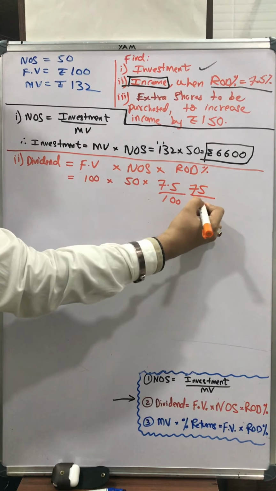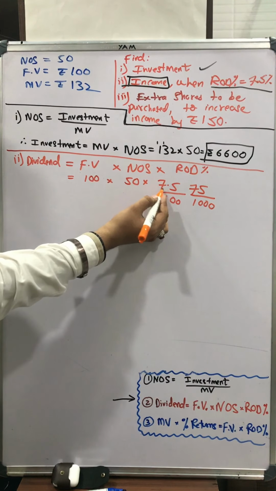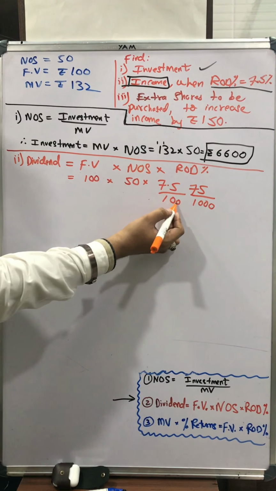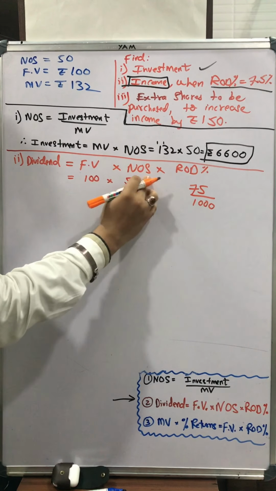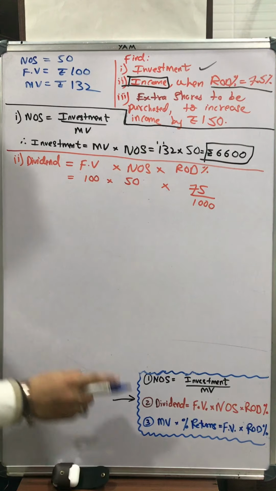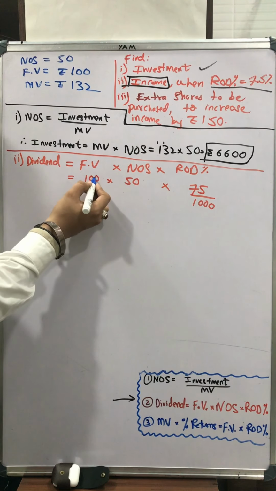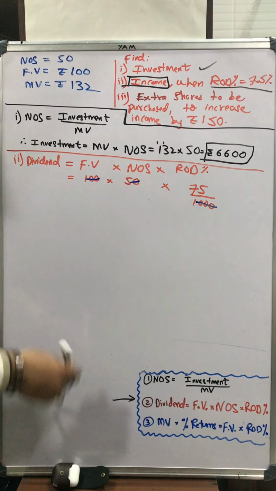75 upon 1000. I eliminated the decimal point, so instead of writing 100, I can write 1000 here. Now this 3 zeros and 3 zeros go off.